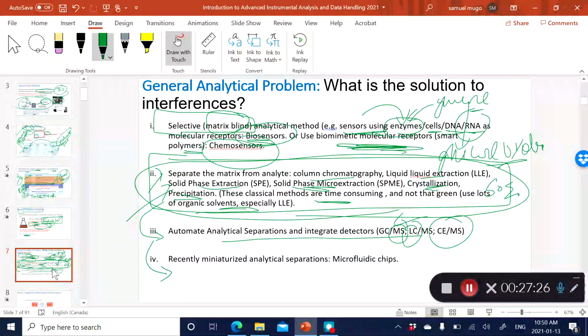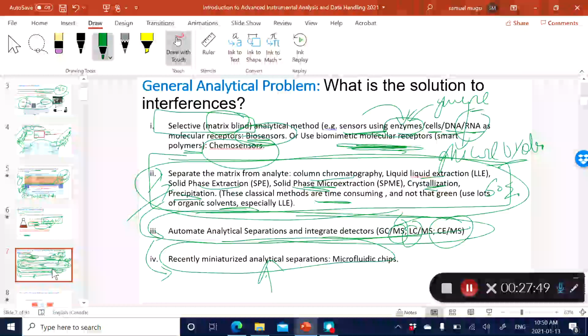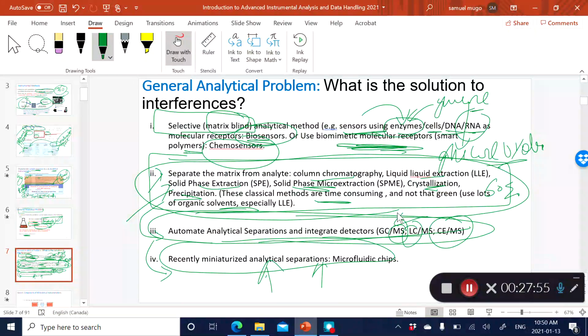In the last 20 years, people have tried to miniaturize these techniques into what are referred to as microfluidic chips or devices. This is a trend now, so that you can have very, very small devices that you can take to the field for analysis. And my group does a bit of microfluidic device development as well.